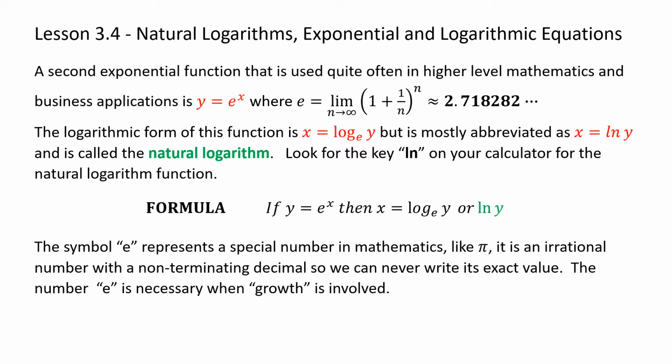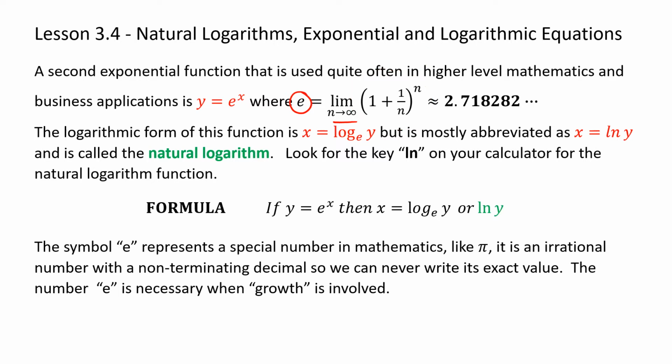And the reason for that is this relies on an irrational number known as e. e is called Euler's number, and it's actually the limit as n approaches infinity of this function here: 1 plus 1 divided by n, and then that's all raised to that same exponent n.